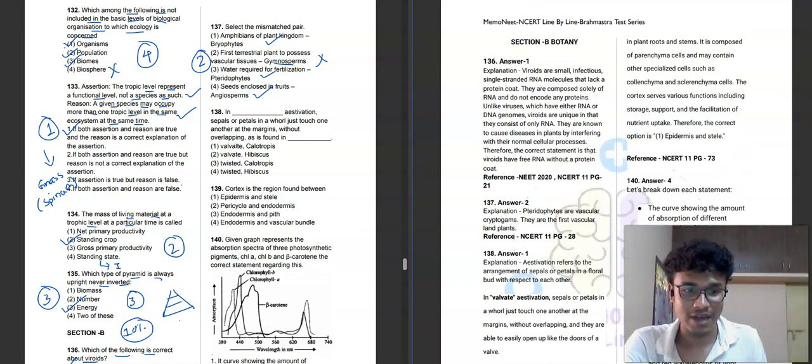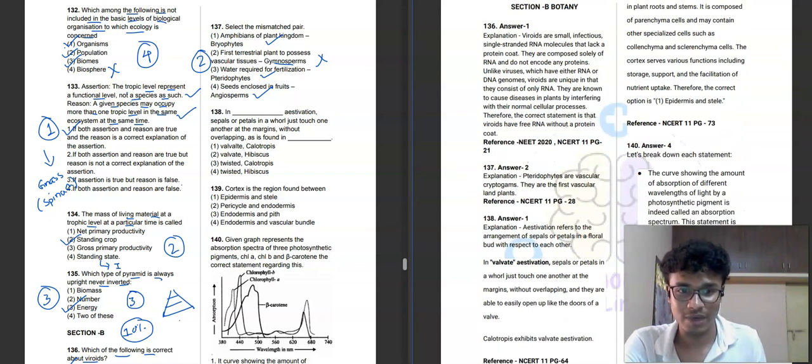And in valvate aestivation, the sepals and petals in a whorl just touch each other without overlap, and they are able to easily open up like the doors of a valve. Calotropis exhibits valvate aestivation. So the first option will be the correct answer for this question: aestivation valvate and example Calotropis.